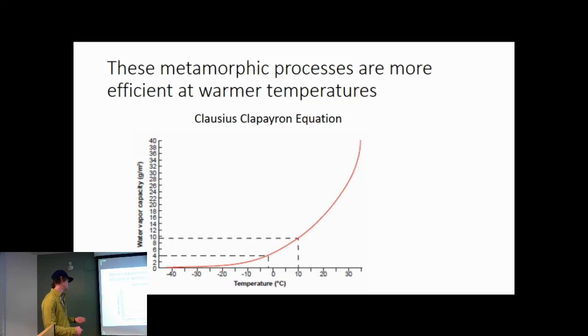That's the water vapor capacity, but it's a direct function of vapor pressure. So if you've got a strong temperature gradient from 0 to minus 5, it's still going to be a more efficient metamorphism environment than minus 30 to minus 35, even though you've got that same 5-degree gap. Is that clear? Yeah? Okay.